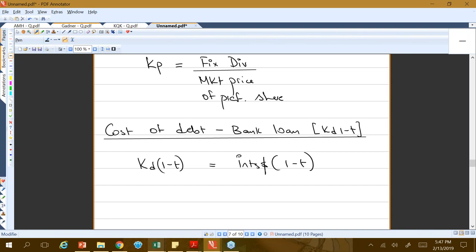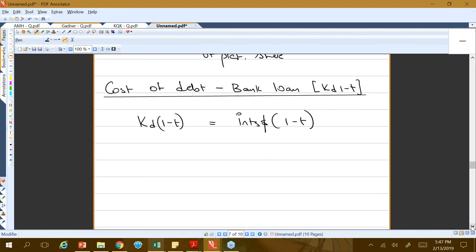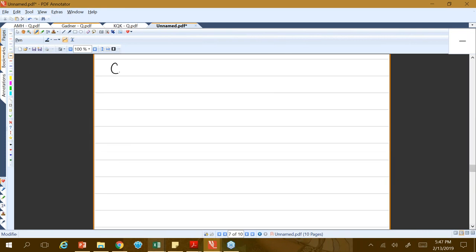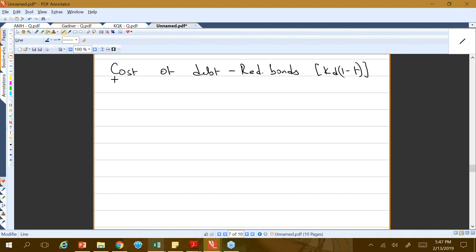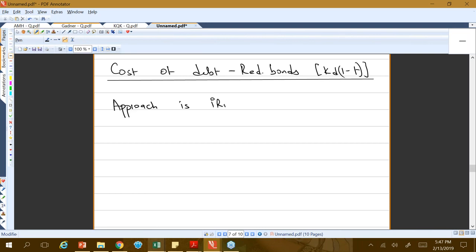KD(1-T). Okay. Now, the last thing here is the cost of debt of redeemable bonds, redeemable traded bonds. And we are going to work out the KD(1-T). Now, the approach we use here is IRR. And I'm sure you know from your tuition phases that we use the IRR approach to find the KD(1-T) of the redeemable bonds.